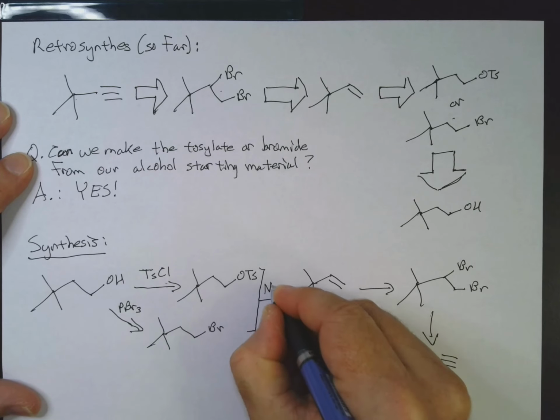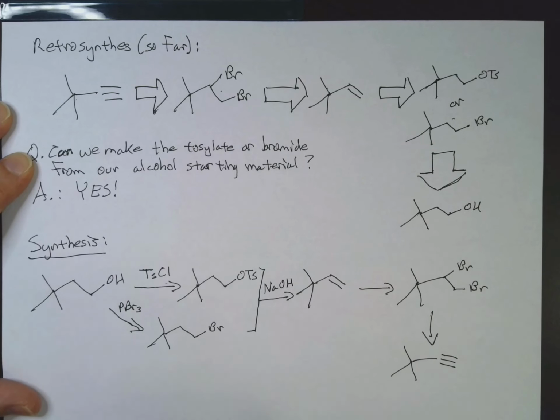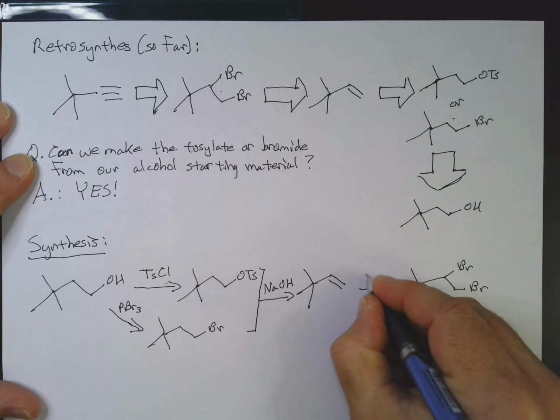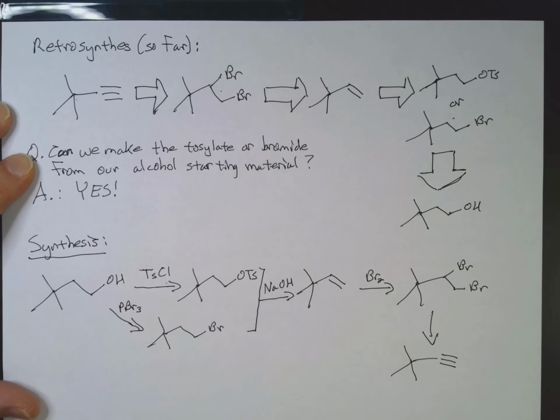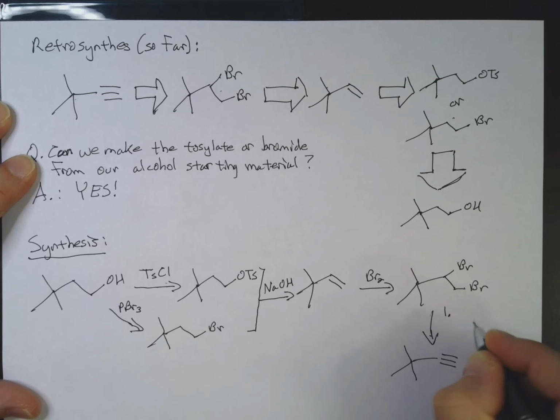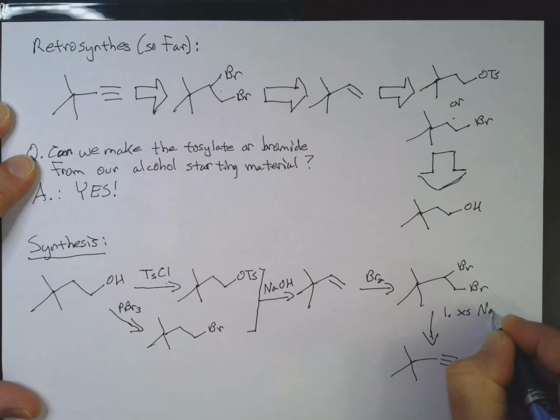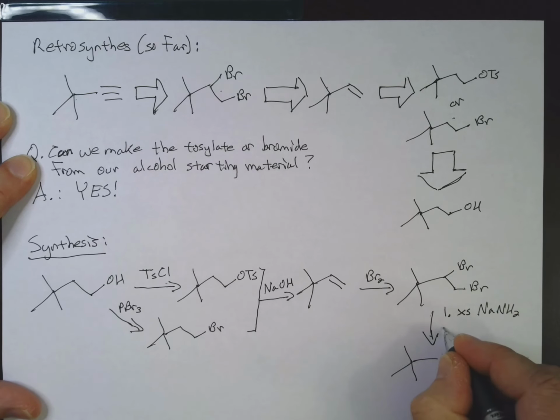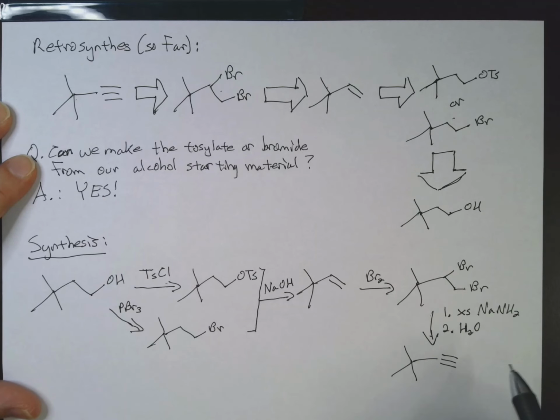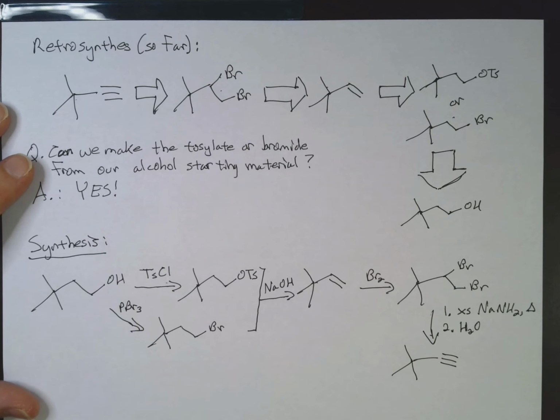And then here, let's just use NaOH or NaOMe, something like that. And now we'll use Br2, typically methylene chloride as the solvent, but you can just write Br2. And then we'll use excess NaNH2 followed by water, and that will do our elimination. I think I wrote that you need to use some heat, so we'll add that in there.